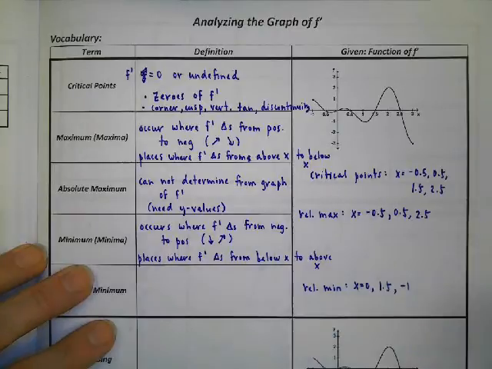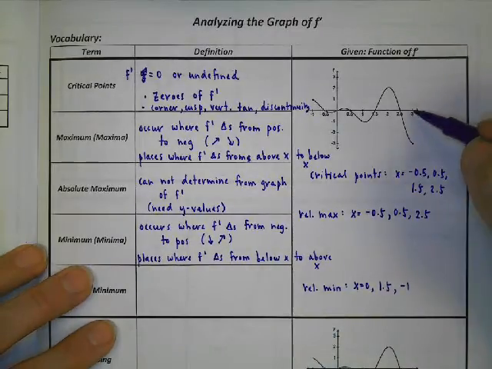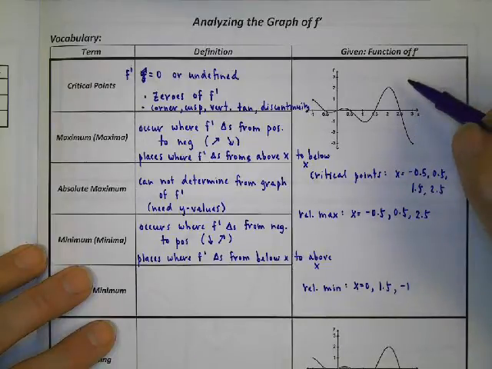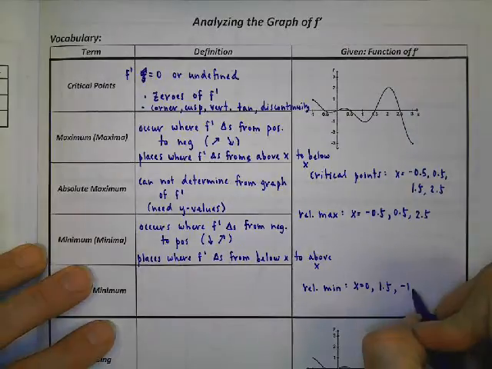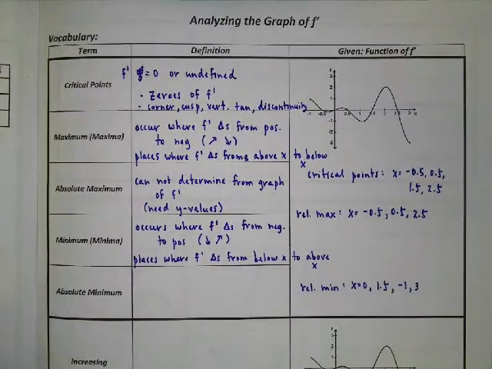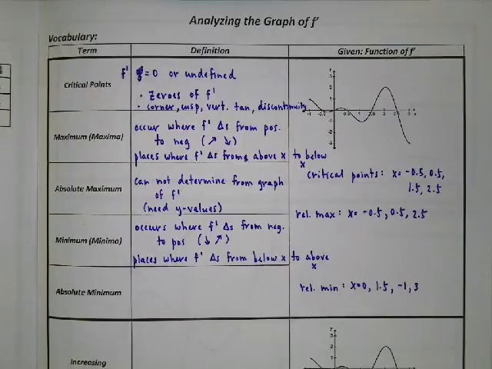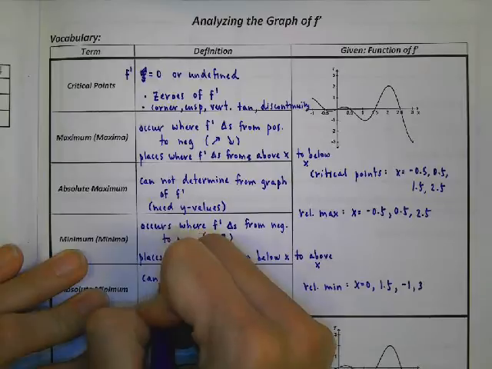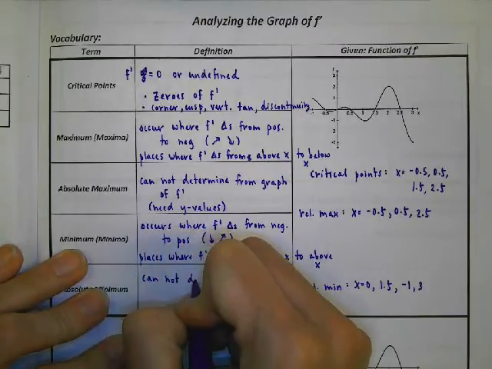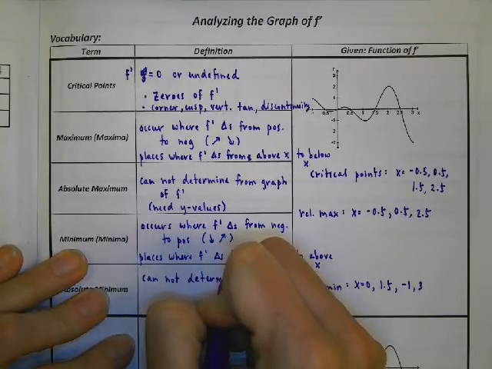So we actually have one at -1. And then again, if I look at the other end at 3, I know my derivative is negative. So my function ends up decreasing. So at that endpoint 3, I'm also going to have a relative minimum. And again, absolutes we cannot determine from the graph of y prime.